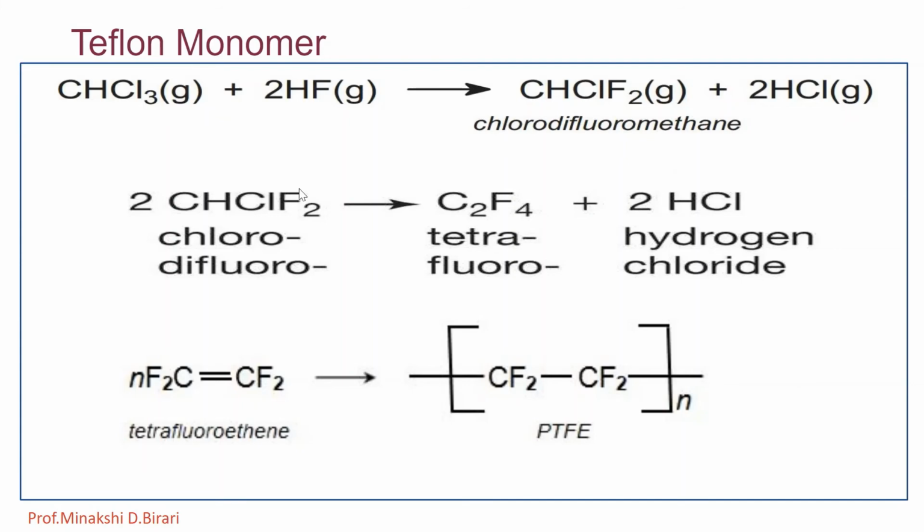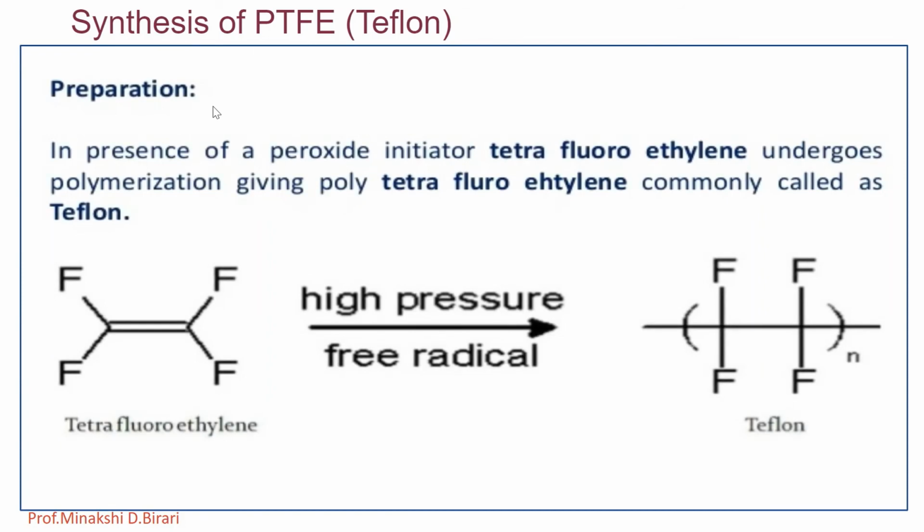Now let us see the preparation of tetrafluoroethylene polymer from the monomer, that is the synthesis of polytetrafluoroethylene or Teflon. Polymerization is carried out in the presence of redox initiators such as H2O2 and FeSO4.